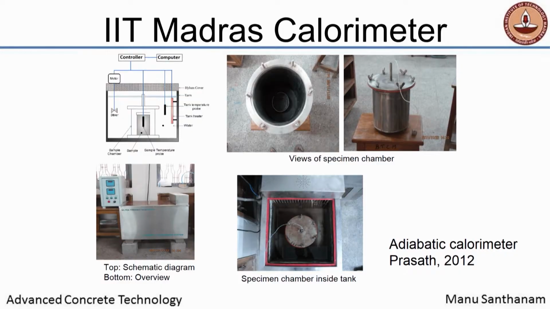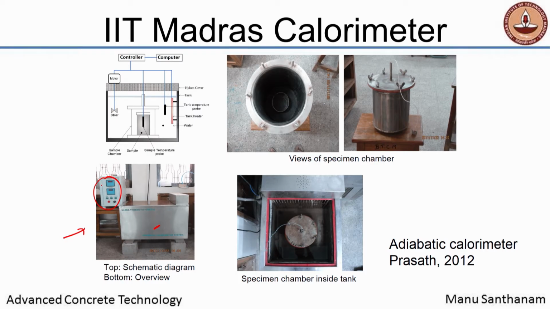So, this is the IIT Madras calorimeter, what we have developed in our lab based on the system that was developed first at University of Witwatersrand. Here, the bottom left shows you the overall system. This has a large water tank, that is the water tank here, and that is the controller on the left.